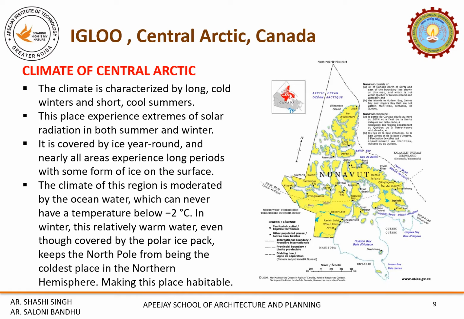The climate of this region is moderated by ocean water, which can never have a temperature below -2 degrees centigrade. In winters, this relatively warm water, even though covered with polar ice pack, keeps the North Pole from being the coldest place in the northern hemisphere, making this place habitable for humans.